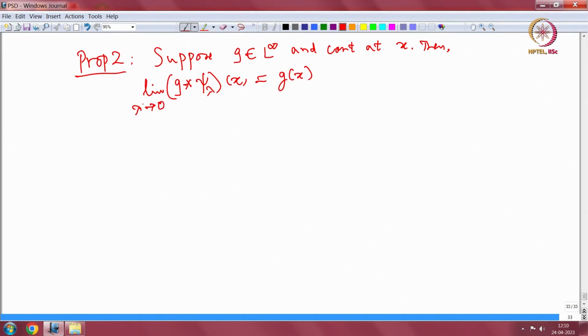Okay. So, again the proof is very simple, let me write that. Here we are using the property of psi lambda that its integral is 1 and it is non-negative. Okay. So, you just compute the difference.